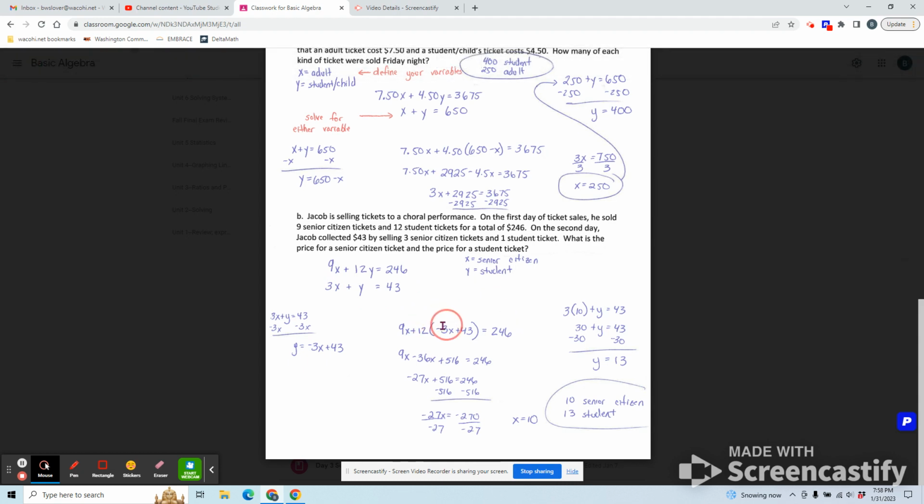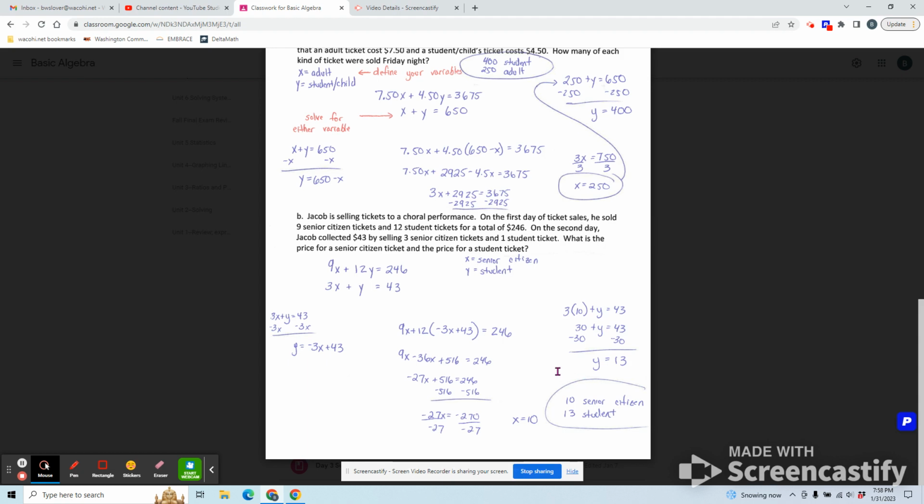So I plug it in, I distribute the 12, I collect like terms, and I keep solving, and I get x is 10. And I take x is 10 and I plug it in where I see the letter x. So 3 times x, which is 30, plus y equals 43, and I subtract. So I have 10 senior citizen tickets that were sold and 13 student tickets that were sold.